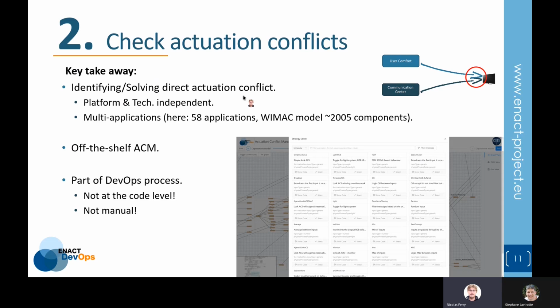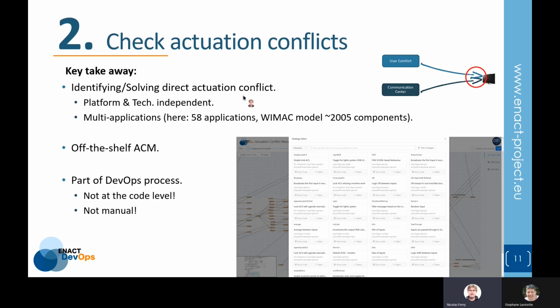In particular, we will focus on the conflict related to the management of the TV by the two applications. What is important to understand is that this tool adopts a model-driven engineering approach and model-driven engineering techniques. It leverages a model called WIMAC, which represents the system, and this model is platform and technology independent.